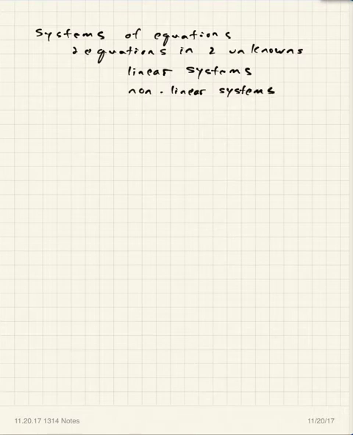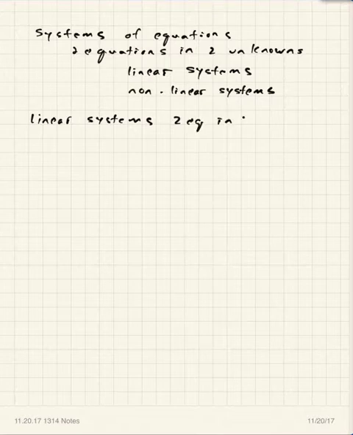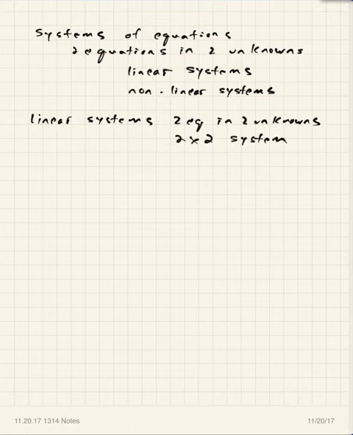So first of all, a linear system: two equations in two unknowns, sometimes called a 2-by-2 system. There's actually two methods for solving these kinds of systems.